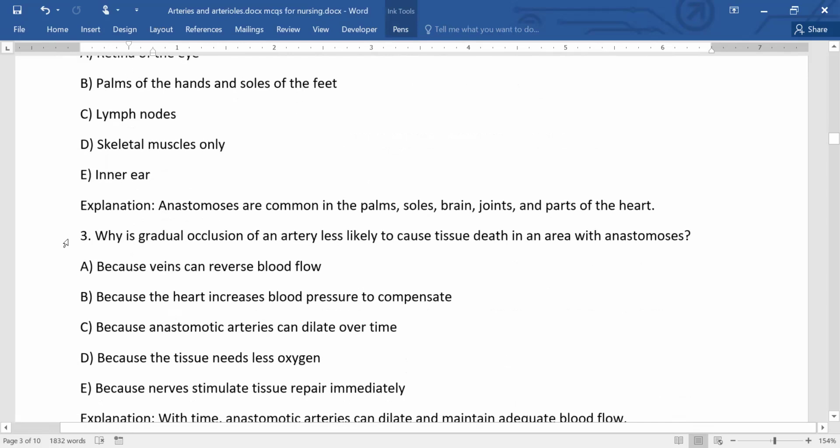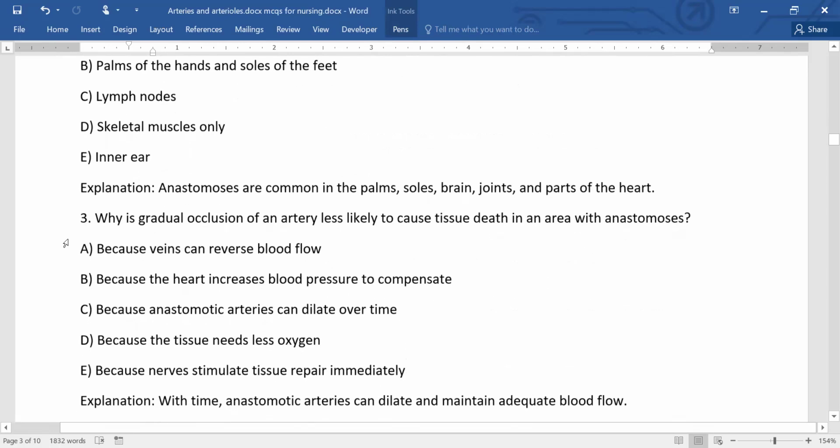Why is gradual occlusion of an artery less likely to cause tissue death in an area with anastomosis? Understand the question first. When there is a gradual occlusion of an anastomotic channel, why is the tissue damage less?